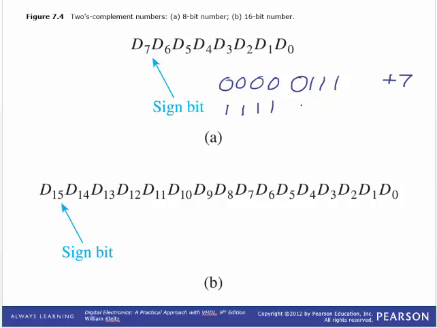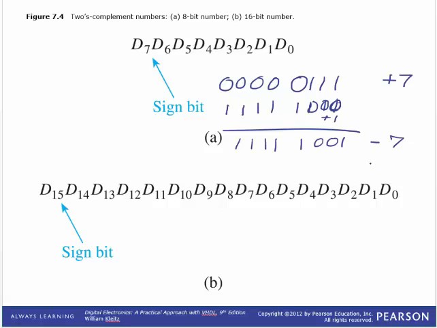Sorry, that's the complement: 1, 1, 1, 1, 1, 0, 0, 0. I'm going to complement and add 1, and I get the number 1, 1, 1, 1, 1, 0, 0, 1. This number I claim is minus 7 in our 2's complement representation.